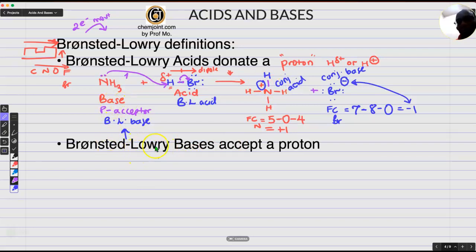I'll give you another example. I've already defined what a Bronsted-Lowry base is. It's a proton acceptor. But I'm going to give you another example of a Lowry base. So let's say this time we have acetic acid, which is the active ingredient in vinegar. And then I'm reacting that with OH minus.